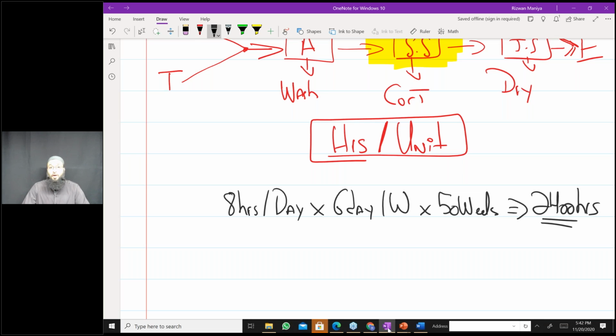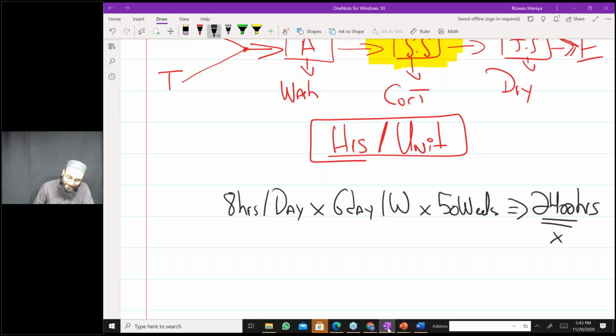It's the time of the salon. Agreed? It's the time of the salon, which means every person who is working in the salon is also available for 2400 hours. Is that clear? If the salon is operational 2400 hours, then every person working inside the salon, whether a senior stylist or a junior stylist, is available for 2400 hours, right? Okay.